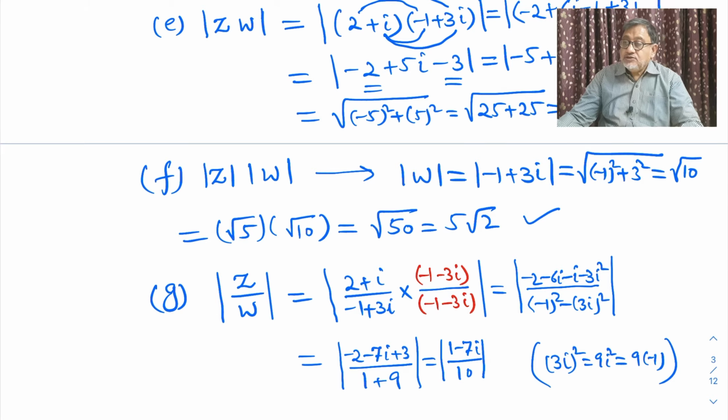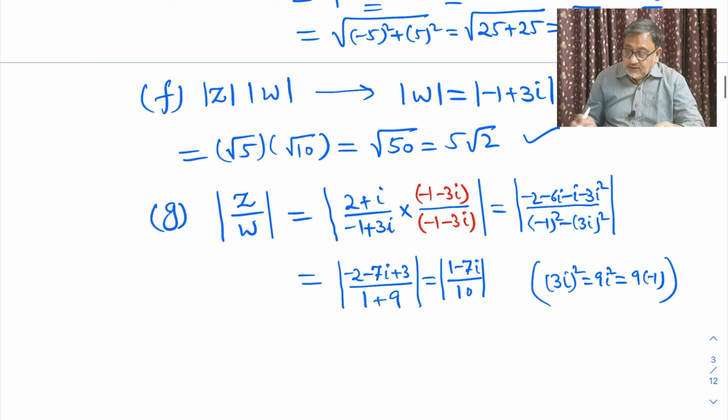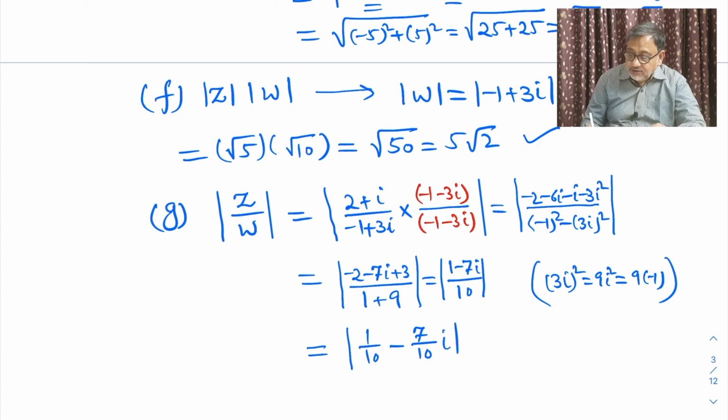Now I will separate the real part and the imaginary part. So modulus of 1 over 10 minus 7 over 10 i. According to the definition, this will be the square root of 1 over 10 square plus minus 7 over 10 square.